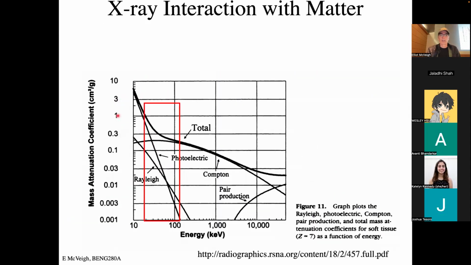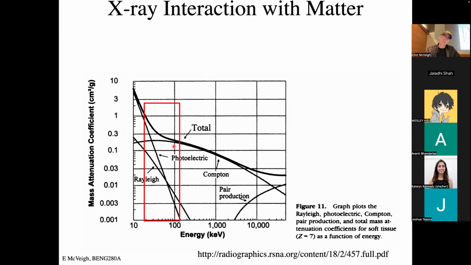And we can look at a graph that shows this is the mass attenuation coefficient, probably in water. And it's the component of that attenuation that is produced by either the photoelectric effect or the Compton effect.